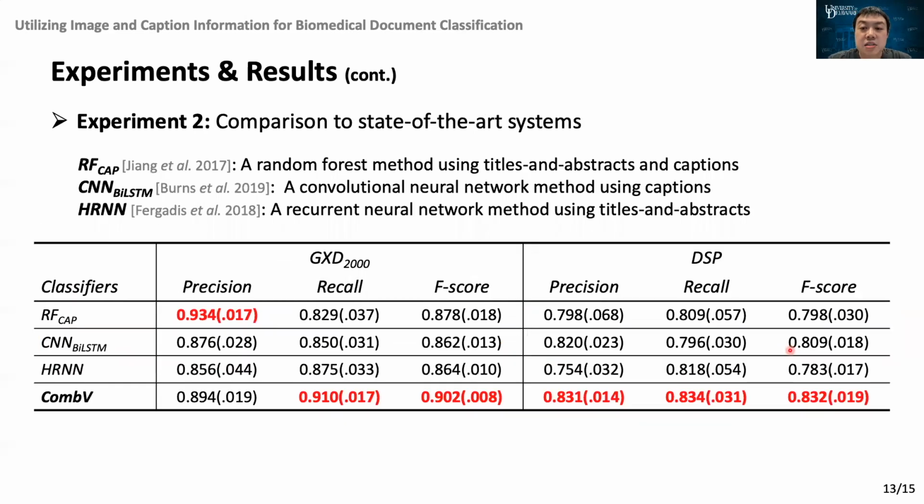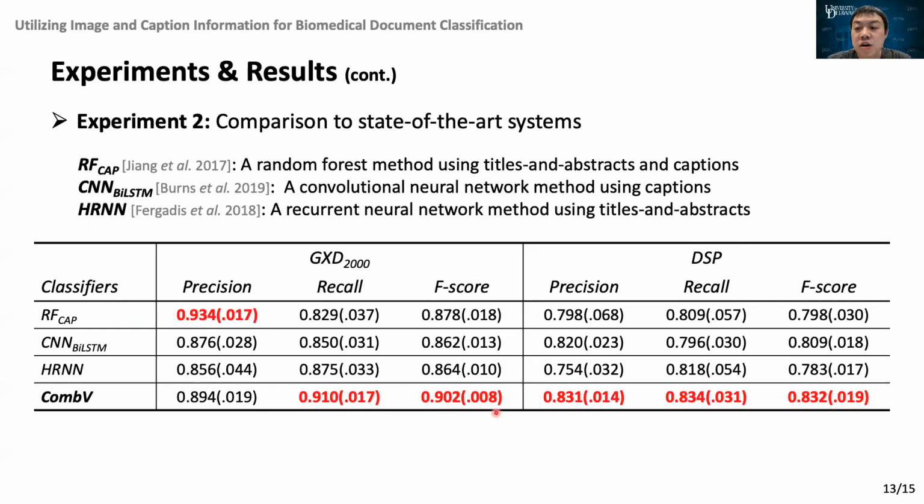In our second experiment, we compare our classification performance to the performance obtained by 3 state-of-the-art systems. Over the GXD2000 dataset, while the precision attained by our method is slightly lower than that attained by the RFCAP method, our method attained the highest recall and F-score.